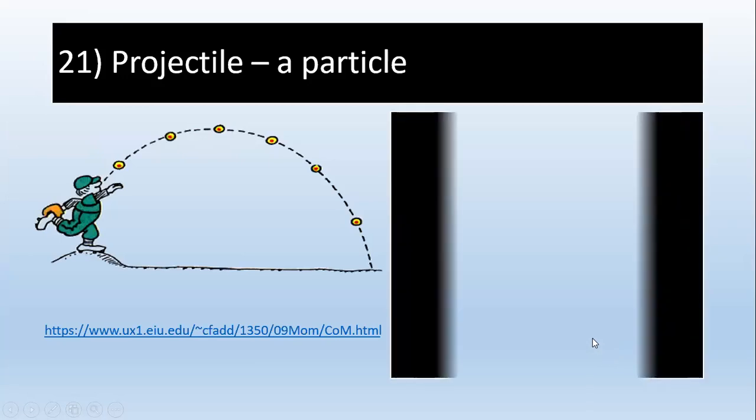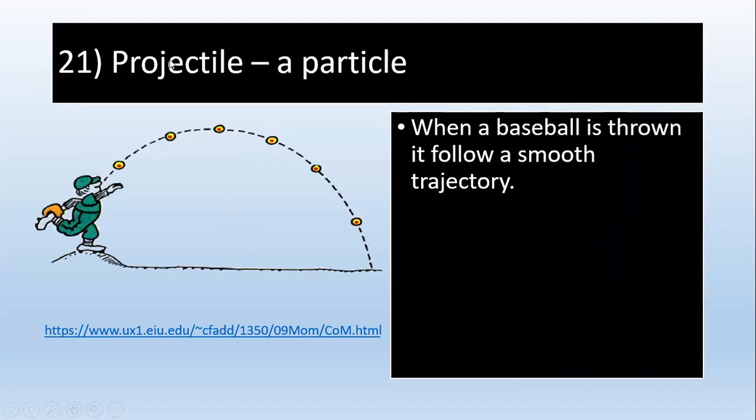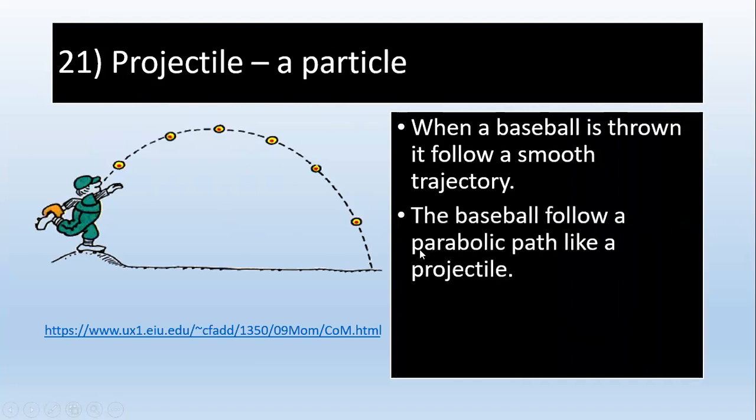Projectile. When we throw a ball, when a baseball is thrown, it follows a smooth path because basically it behaves like a particle. The baseball follows a parabolic path like a projectile.